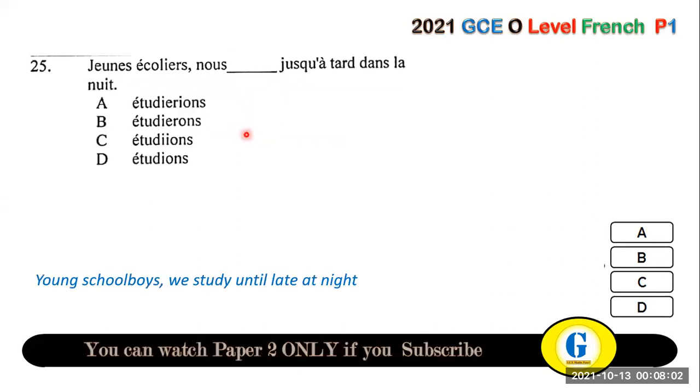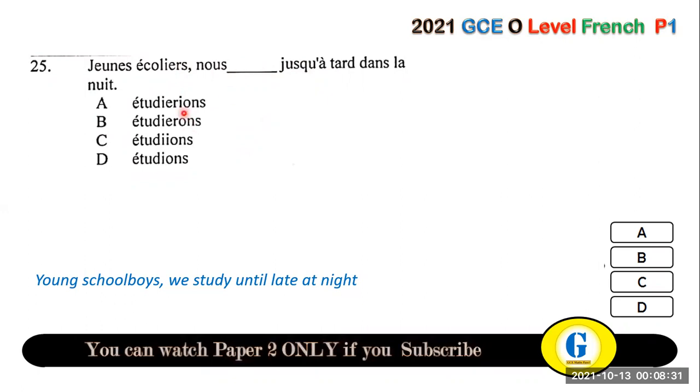25. Jeunes écoliers, nous blablabla jusqu'à tard dans la nuit. So young schoolboys, écoliers, this is schoolboys. If they put an E before the S, it's going to be schoolgirls. So young schoolboys, we study dash until late at night.